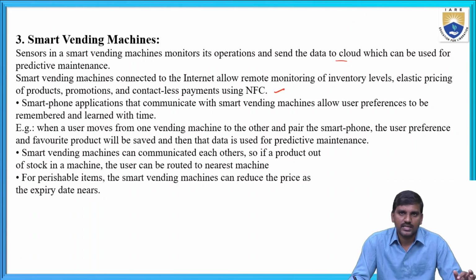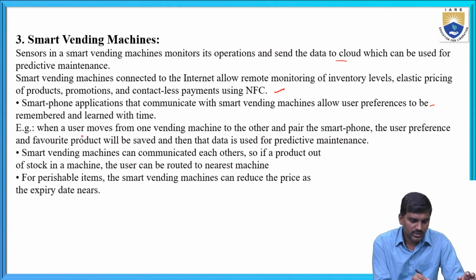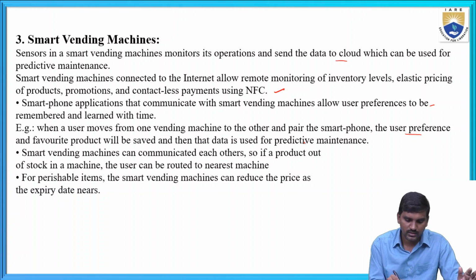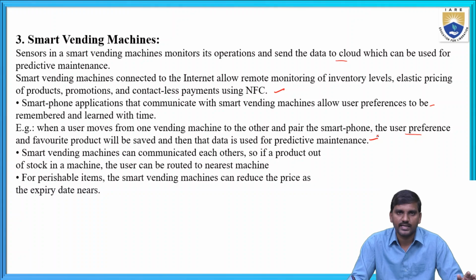Smartphone applications then communicate with the smart vending machines, allowing user preferences to be recommended and learned over time. For example, when a user moves from one vending machine to another, the user's preferences and favorite products will be saved.